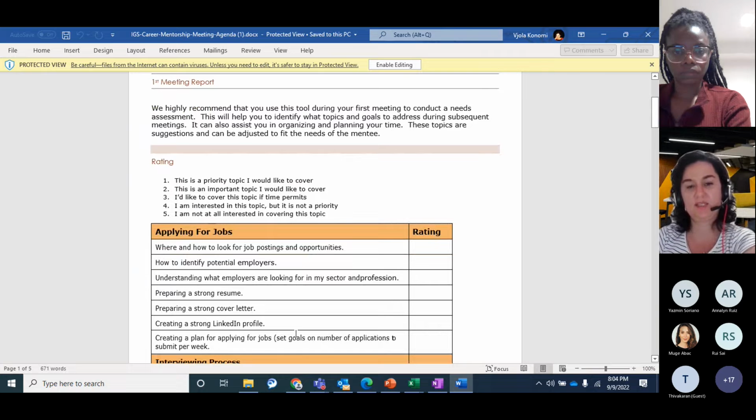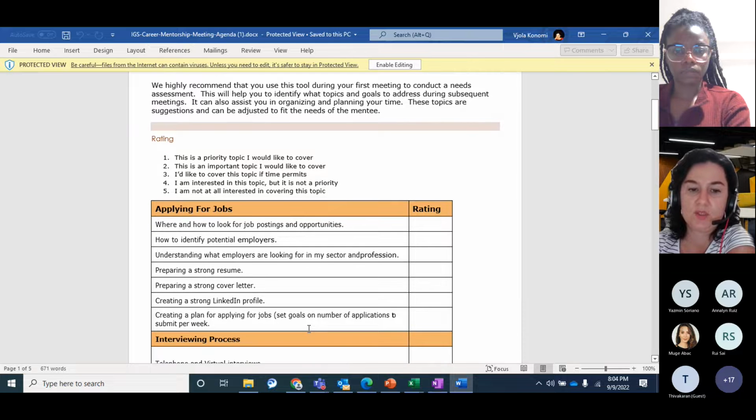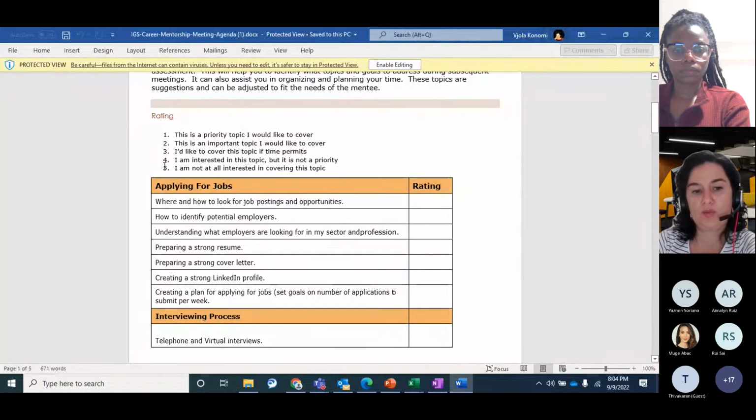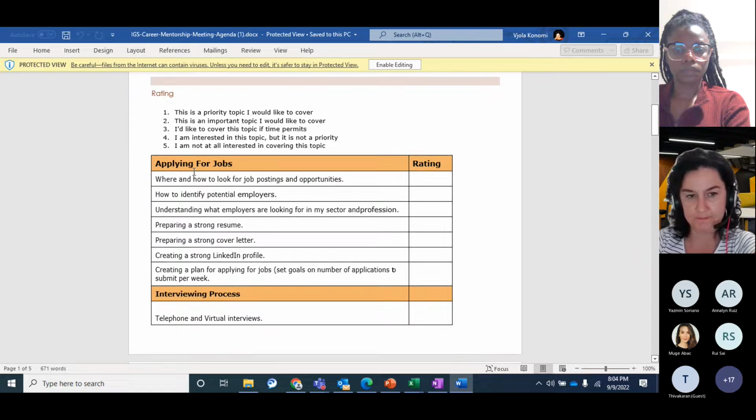And this is the section where we have included the needs assessment tool that I was talking about. So you can use a rating system to prioritize the topics that you would like to cover from 1 to 5. So 1, let's say, is a high priority, and 5 is that you're not really interested.